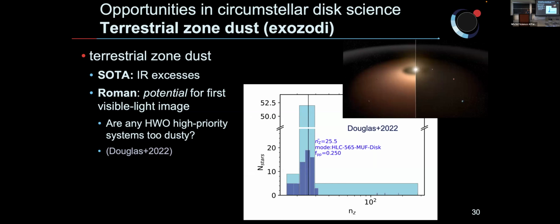There've been precursor surveys in the infrared to look for this dust with the infrared emission. The Large Binocular Telescope Interferometer conducted the HOSTS survey, and we know that on average most systems are fairly clean, but their upper limits on the stars that HWO is most interested in might be something we can improve on with actual visible light images with Roman coronagraph as kind of a reconnaissance survey.